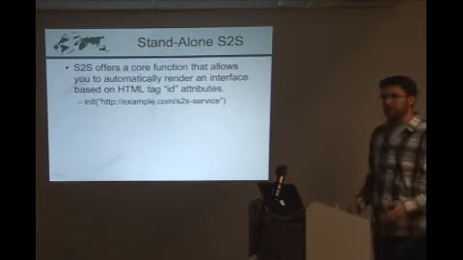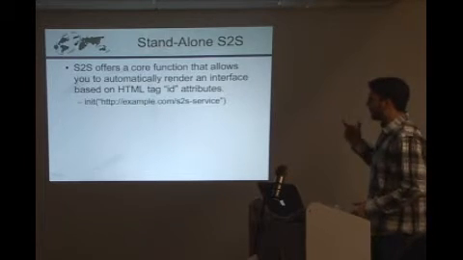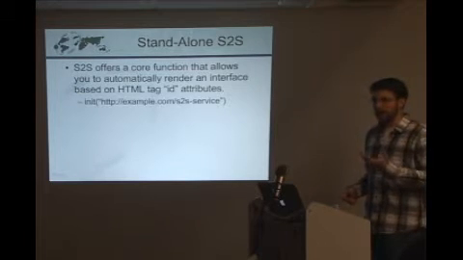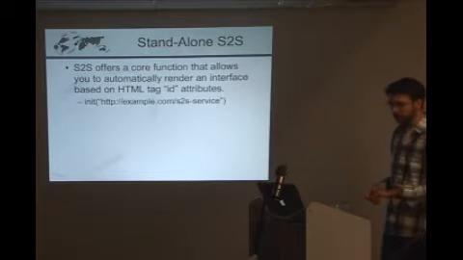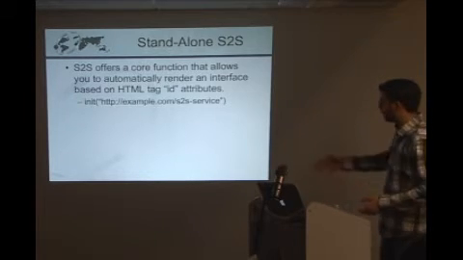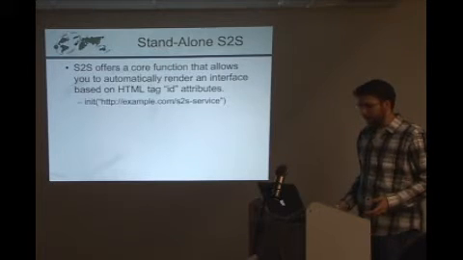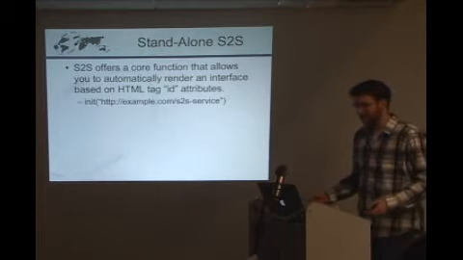As a standalone application, you'll see it in a minute here, but it's really easy. S2S offers this core functionality where you just call init and provide the init function the actual URI of the web service that you want to work with, such as example.com. The rest happens auto-magically, is the best way to put it.